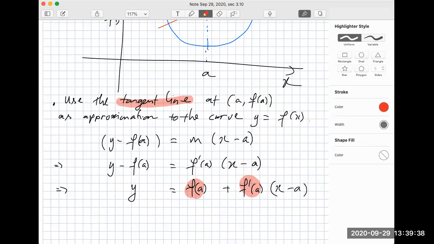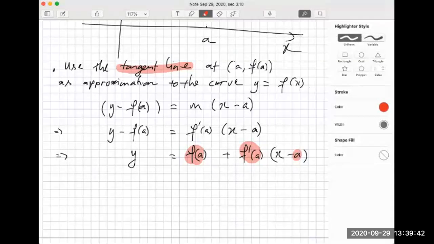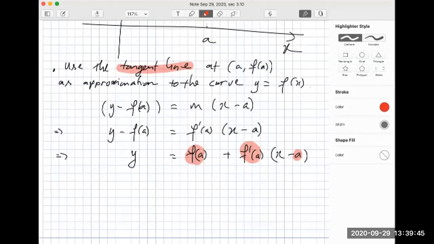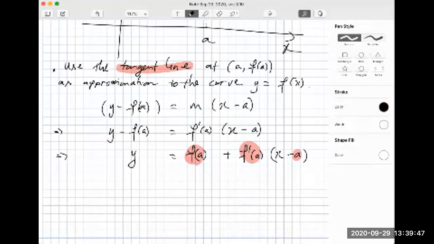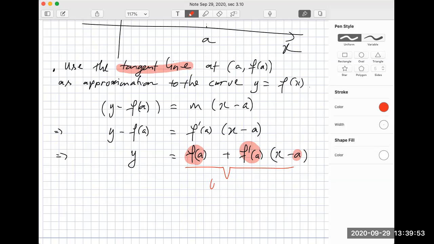So the right-hand side is a polynomial of degree 1, or it is a linear equation, right? And so that is why we call it the linear approximation of the function f(x), of the curve f(x).